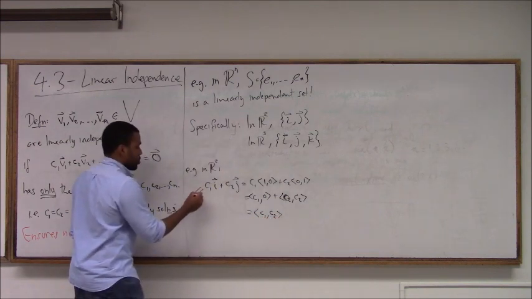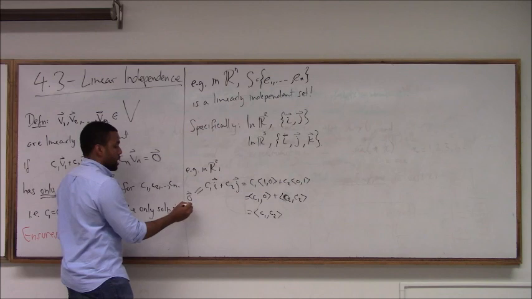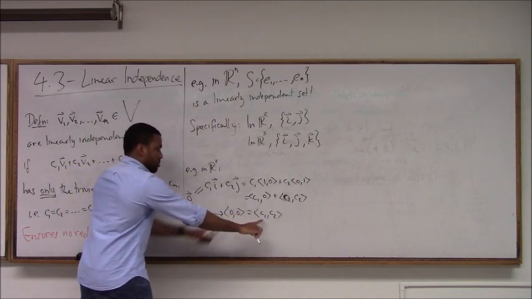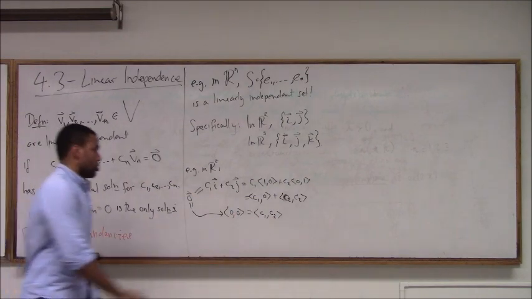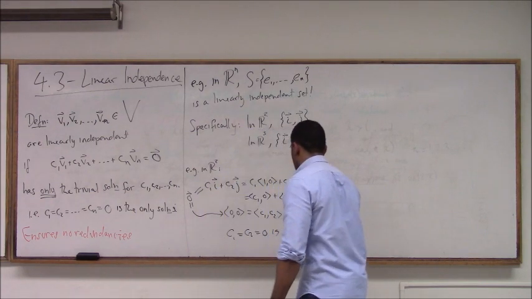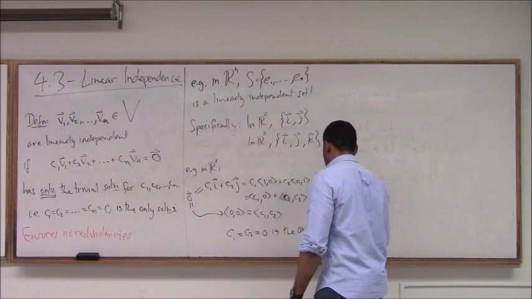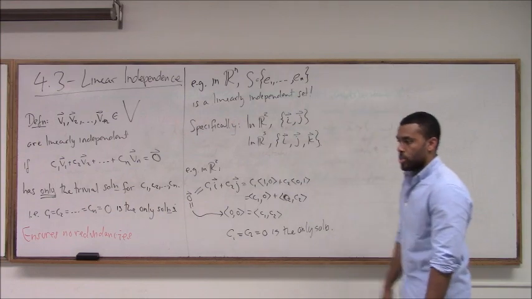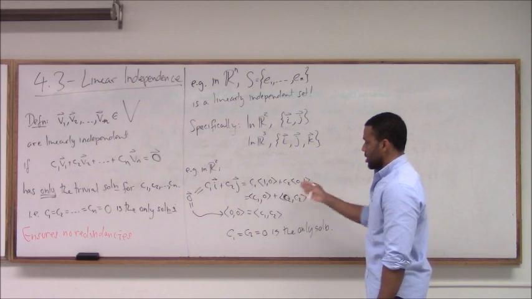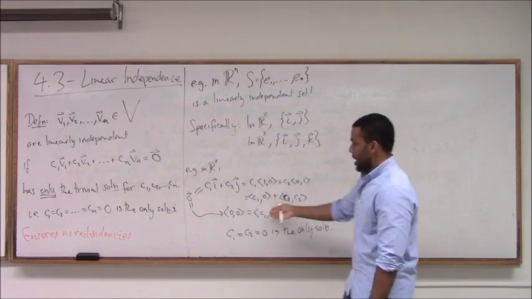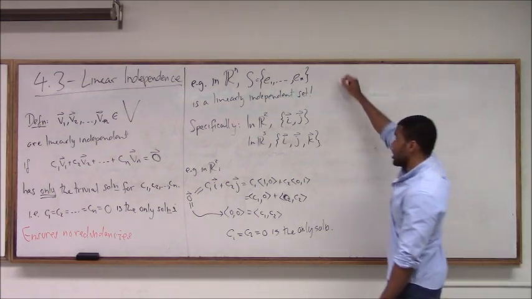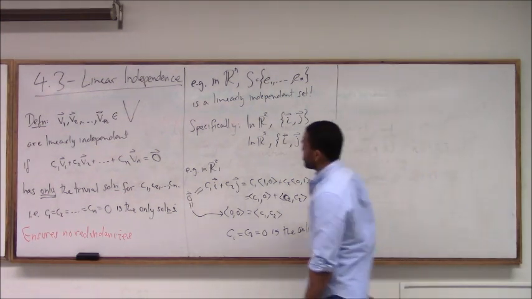So if I set this equal to the 0 vector in R2, which happens to be the vector (0, 0), then I'm forced to choose c1 and c2 equal to 0. And a similar thing happens for larger dimensions, right? The coefficients are in all the components going down, and each individual component must be equal to the 0 vector in Rn, which is 0, according to the standard set of operations.